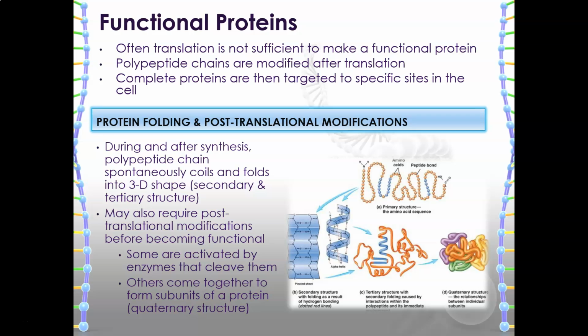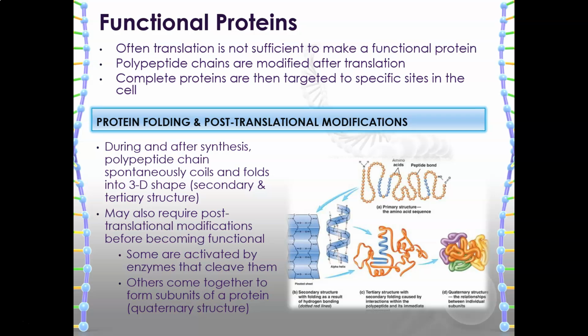So, while the major discussion in this chapter has been about transcription and translation and the production of those proteins, we can't be remiss to forget that in order for those proteins to actually do their job, transcription and translation aren't the end-all be-all, right?